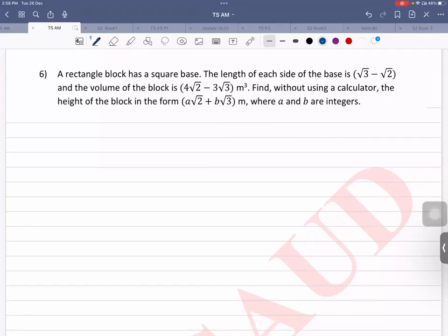The side that is touching the ground is a square. Okay. In order to solve this question, which formula are we going to use? We should use the volume formula. A rectangular block is which shape? Cuboid. And what is the formula of volume of a cuboid? Length into breadth into height.